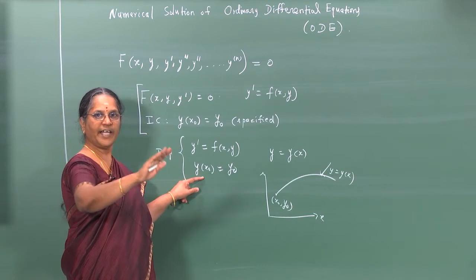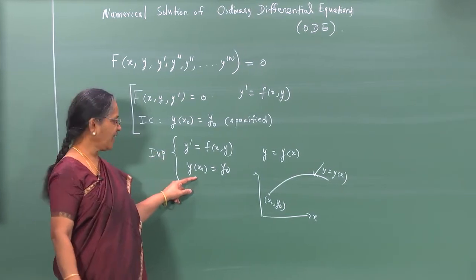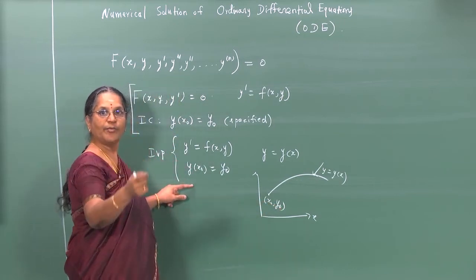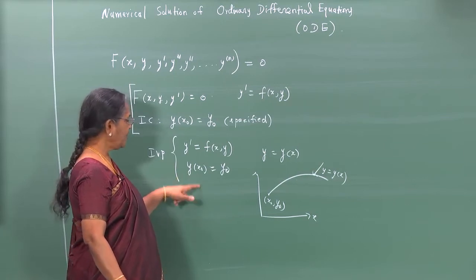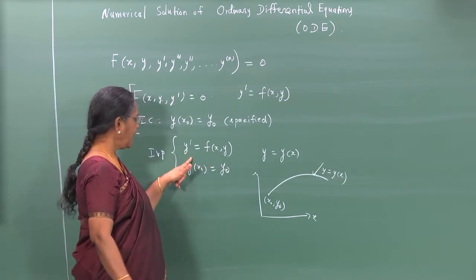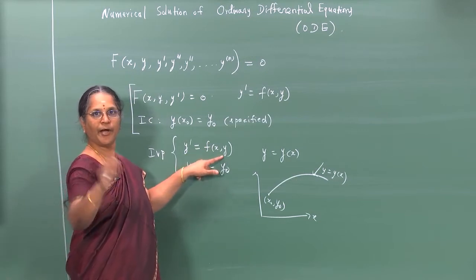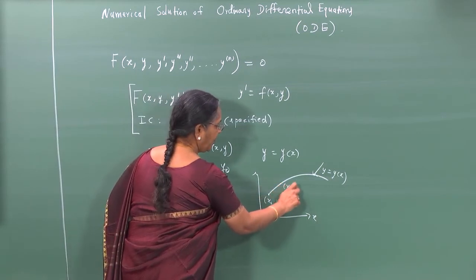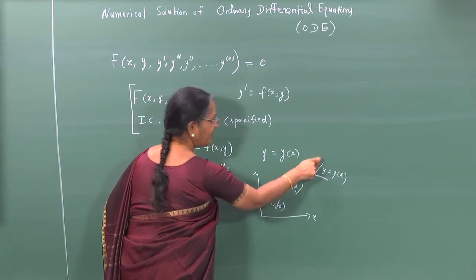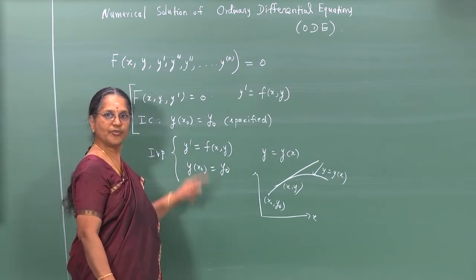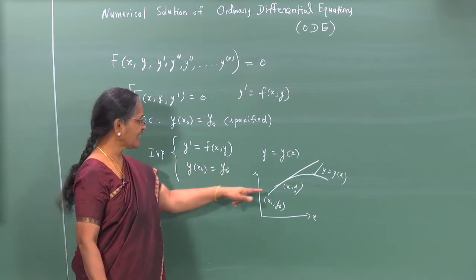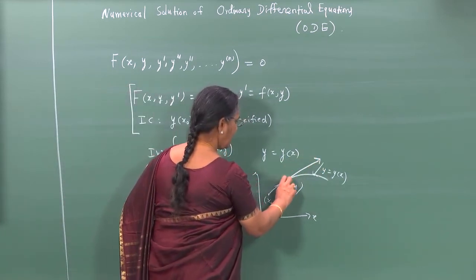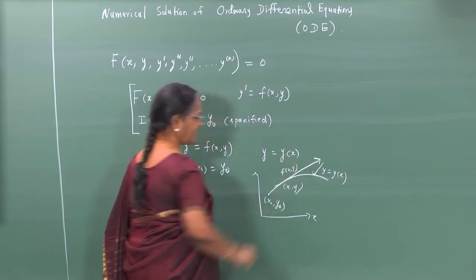So, I need to find a function y is equal to y of x which passes through the point x naught comma y naught, and what more is given to us? We are given that the derivative of y is f of x comma y at any point x comma y on that solution. So, if I take any typical point x comma y, then the derivative represents the slope of the tangent to the solution curve y equal to y of x at that point x comma y. So, the slope of the tangent is given by f of x comma y.